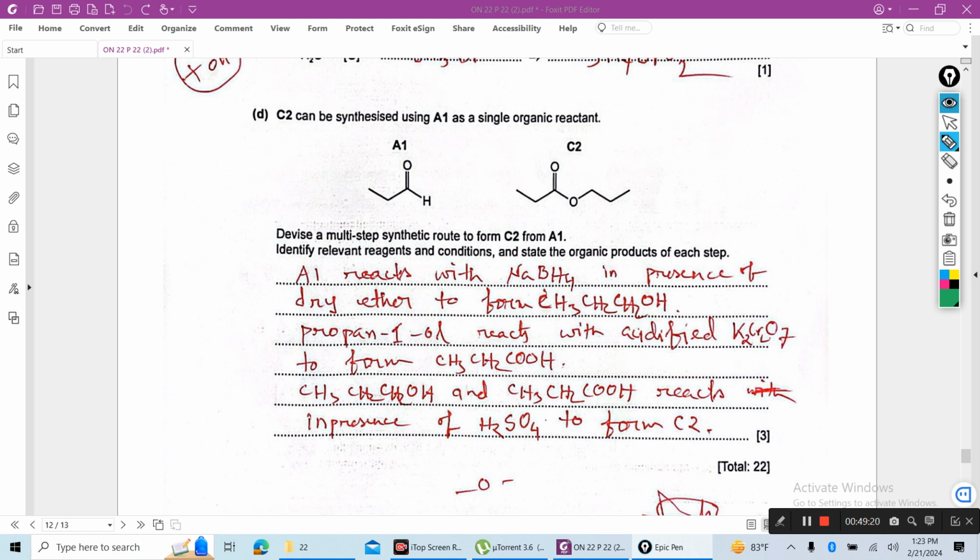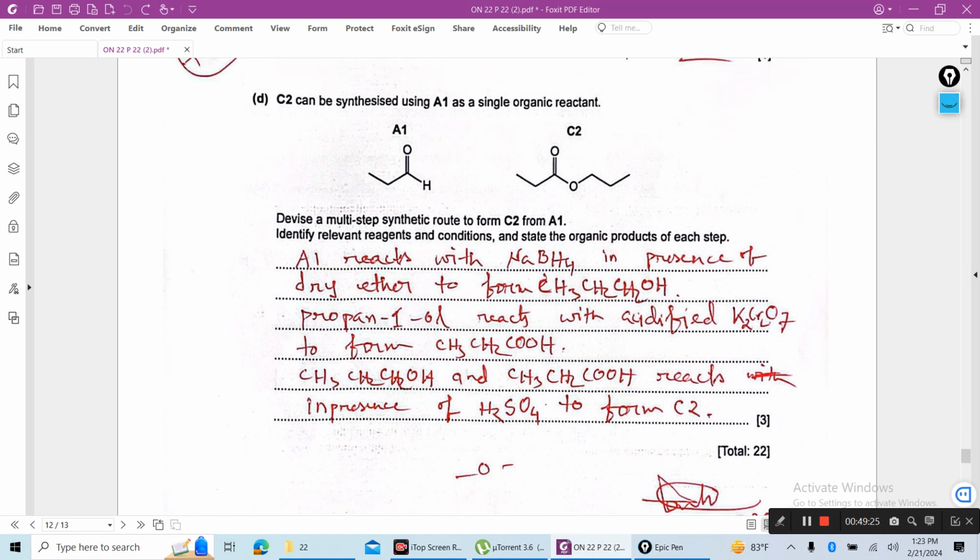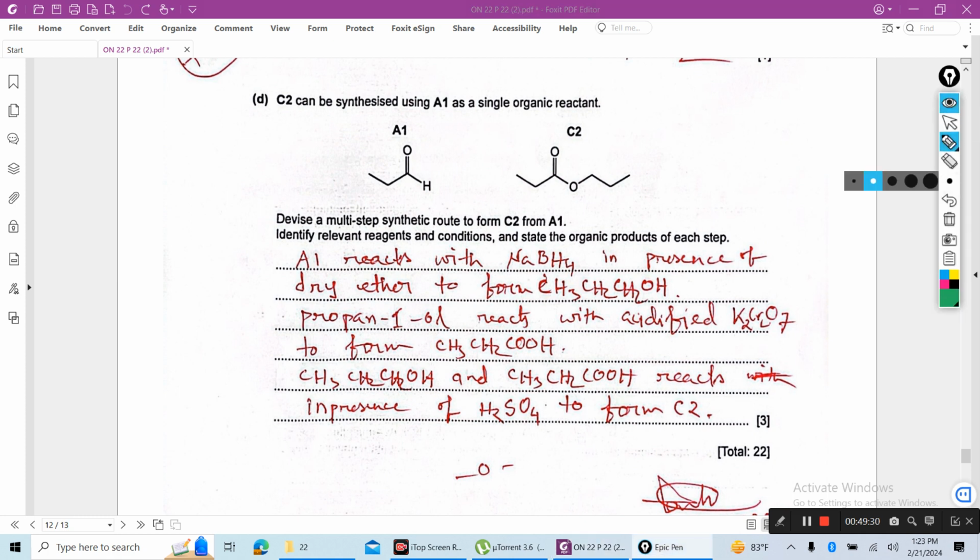Now C2 is an ester, propyl propanoate. It is synthesized, meaning it can be made, using a single organic reactant.